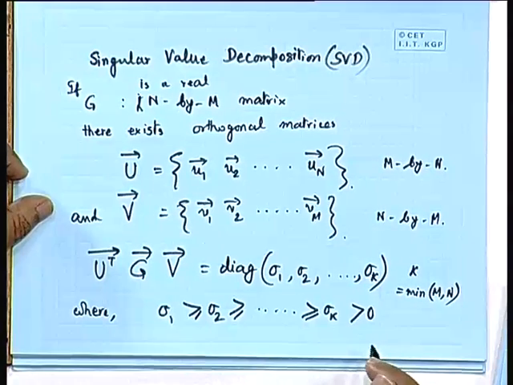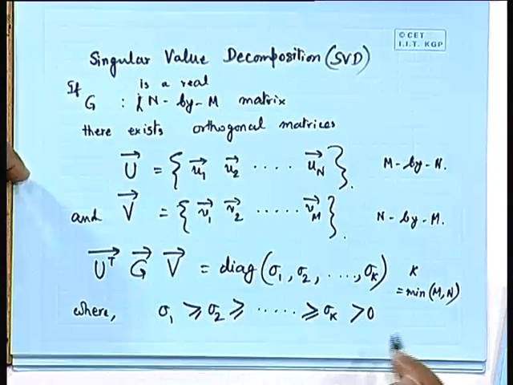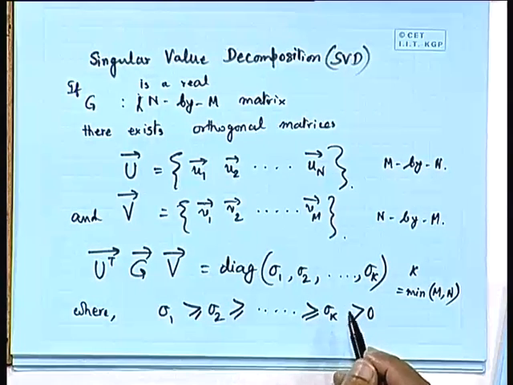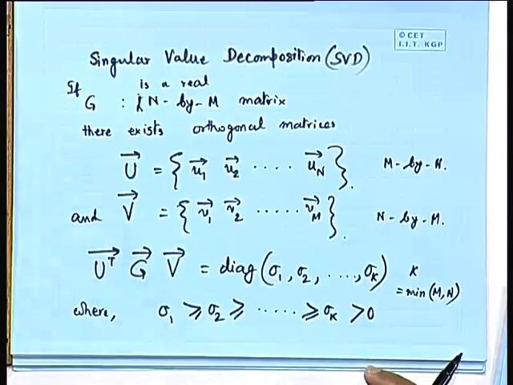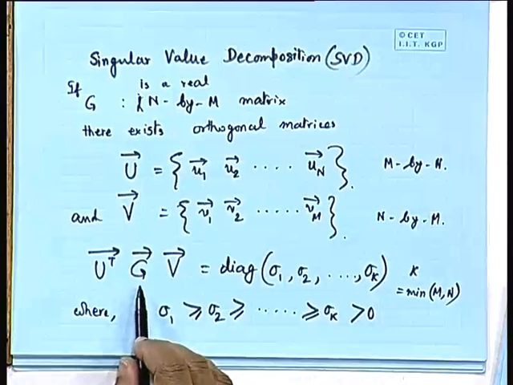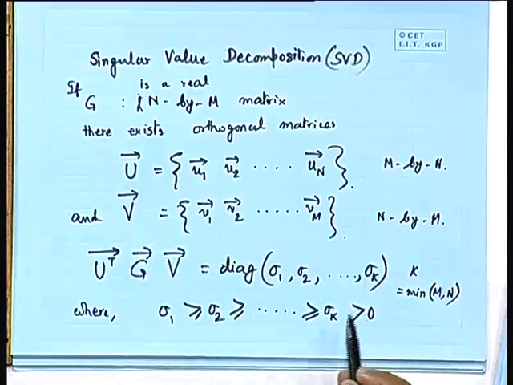All these sigmas are called the singular values, and this technique, where we decompose G into such singular values, is called singular value decomposition.